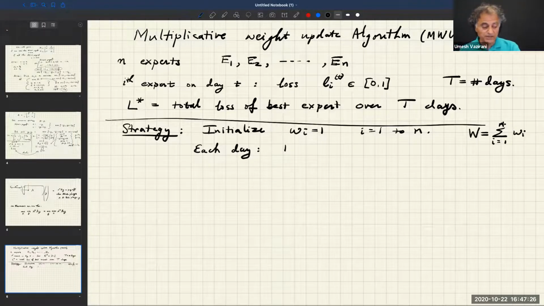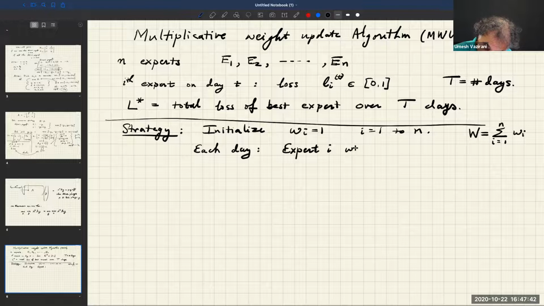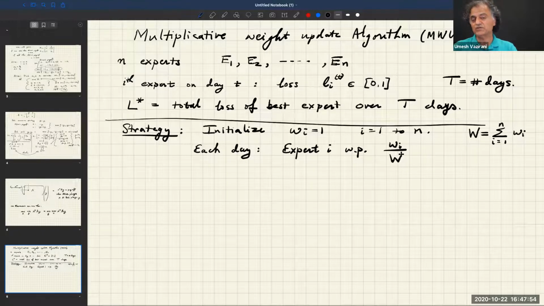Okay, so now on each day, what we do is we select the advice, we go with the advice of expert i, with probability W sub i divided by capital W. So on the first day, we just choose an expert uniformly at random because we have no information at all.